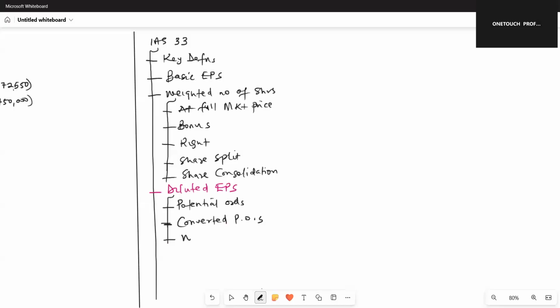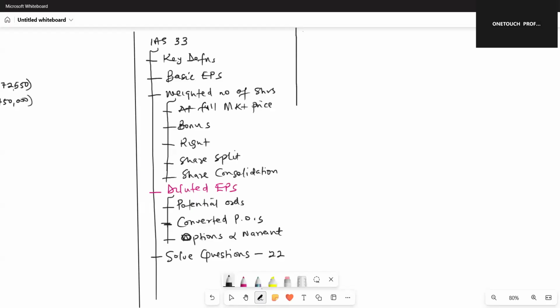We look at options and warrants. Then we now solve. As and when we pick, there will be solving questions. I'm trying to see which of the questions I should reduce because I have about 22 questions for now. So we have 4 or 5 meetings for that. So let's see how it goes.